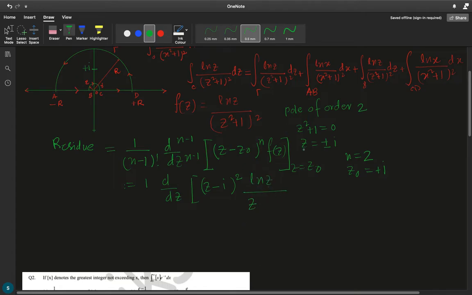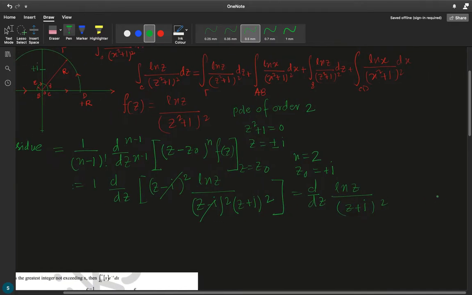I am writing it in this format: (z minus i) square and (z plus i) square times (z minus i) square, because z square plus 1 is written in terms of z plus i and z minus i. This term gets cancelled from both sides, and we are left with d/dz of ln z by (z plus i) whole square.